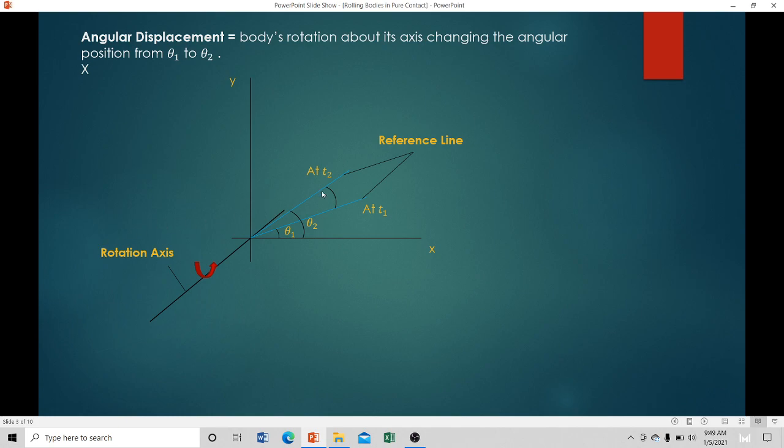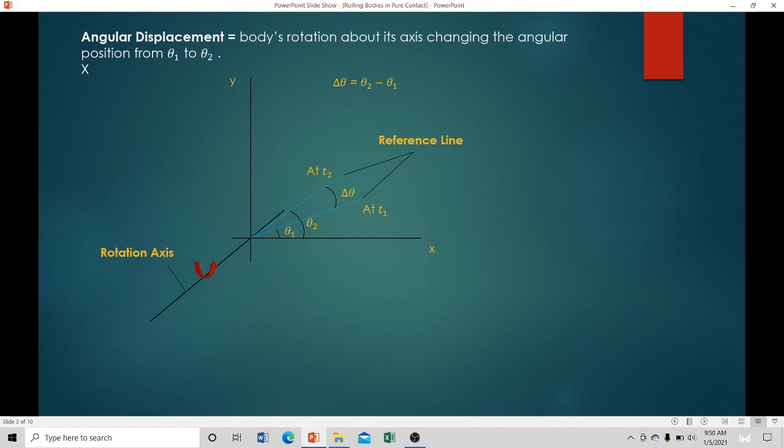By the difference of these two angles, change of theta is equal to theta 2 minus theta 1.